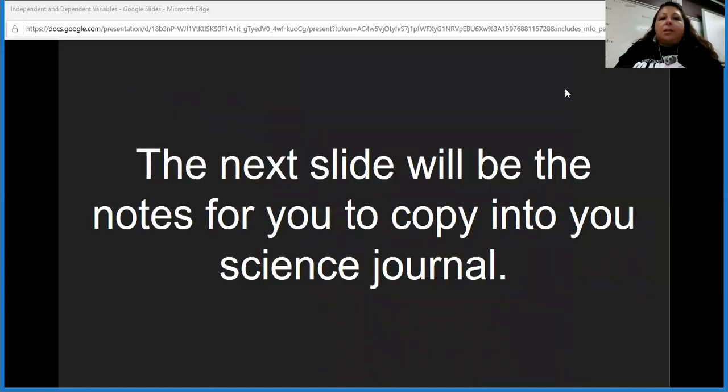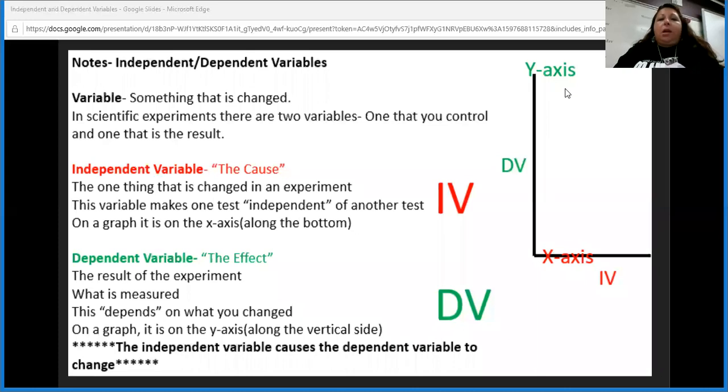And the very last slide here is what I'm going to want you to copy down in your journal. So you can open this back up after I'm done with this lesson, and you have the Google Slides in the classroom, so you can go to this last slide right here, and I need you to copy down all of this information.